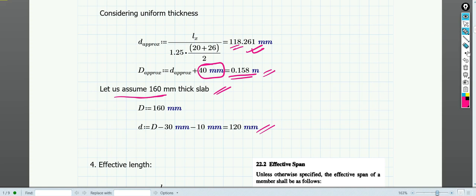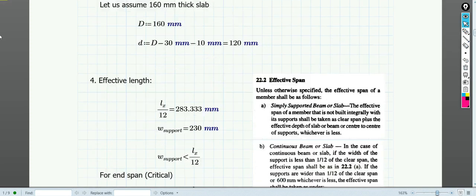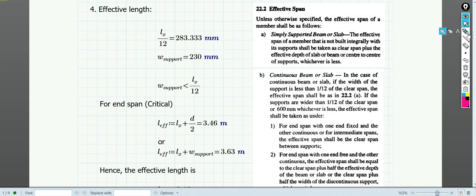Now the effective length we will see. Lx by 12 is 283. Before that, let's see the clauses that we have discussed for effective span. Initially we already discussed what is for a simply supported slab or beam.